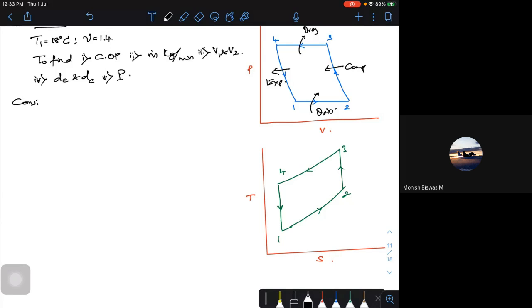Consider the processes 2 to 3 and 4 to 1, which are reversible adiabatic, which is isentropic in nature.